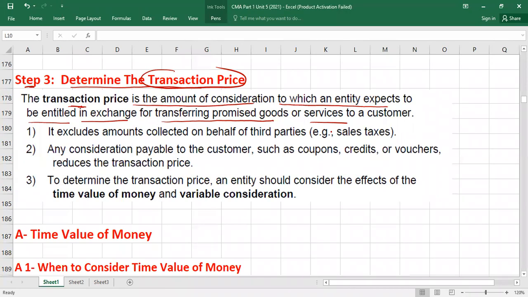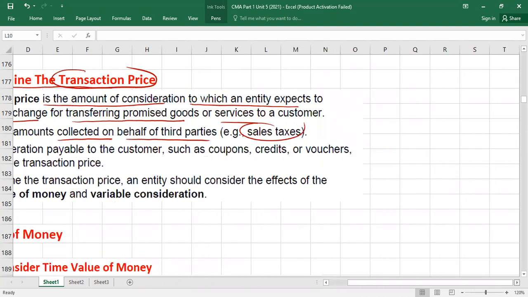And here I have a quick question for you guys. I need your concentration. The transaction price excludes what? The amounts collected on behalf of third parties. The example here is sales tax. I'm giving you an example.